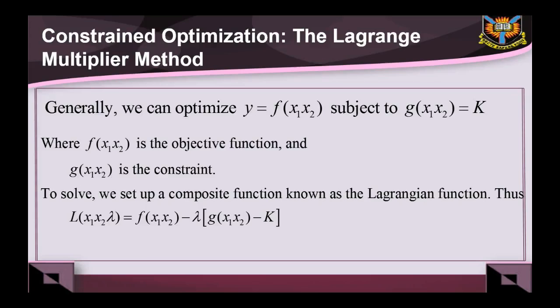To solve, we set up a composite function known as the Lagrangian function. Thus, L of x1, x2, lambda equals f of x1, x2 minus lambda times g of x1, x2 in bracket minus k.